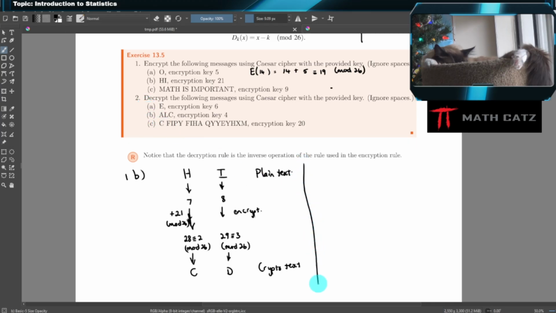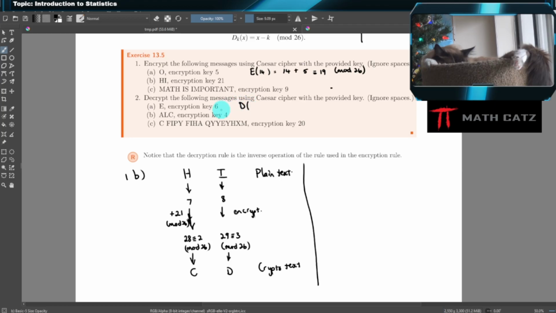Let's put it over here. For the first one, we just have the letter E. That's our encrypted text. We are now the receiver. We get the letter E. What was the original?